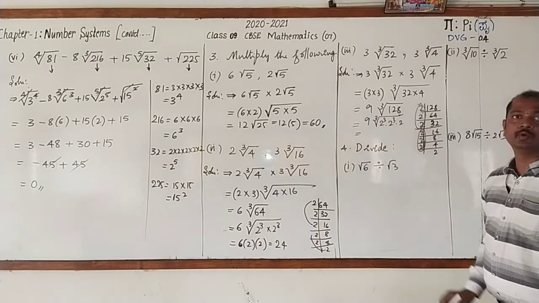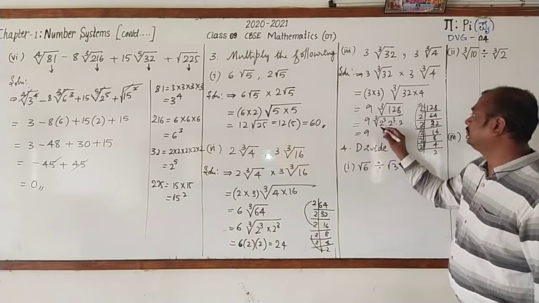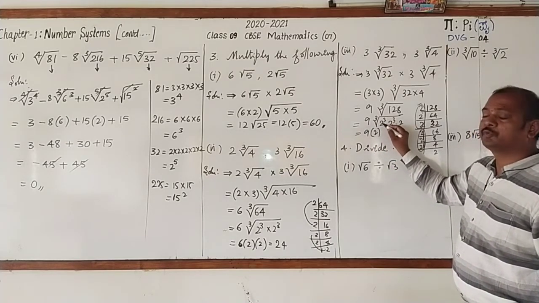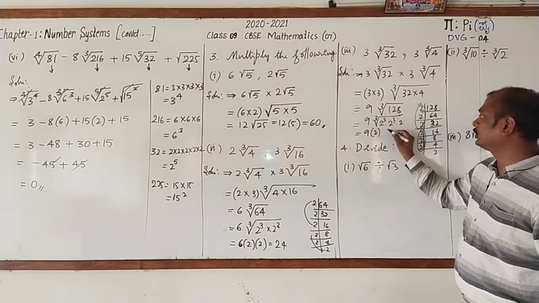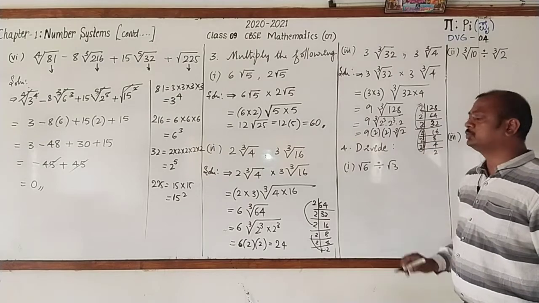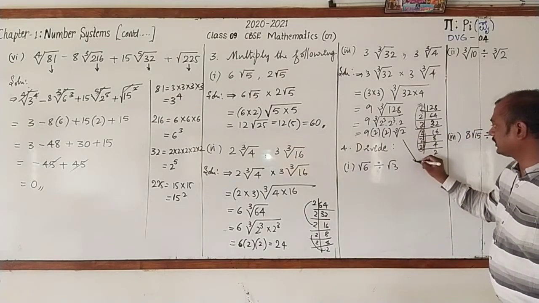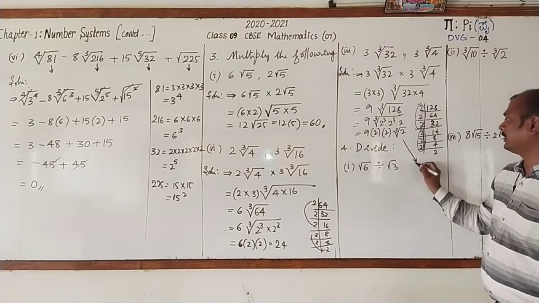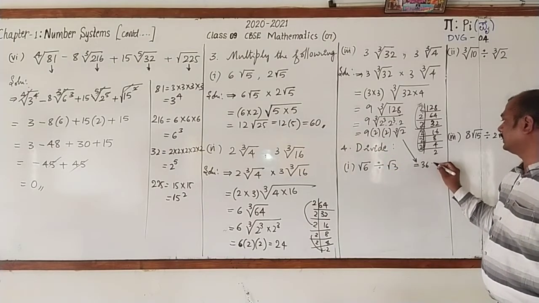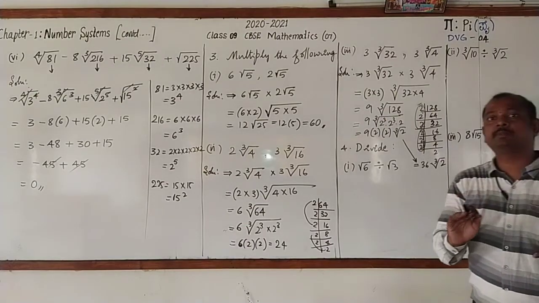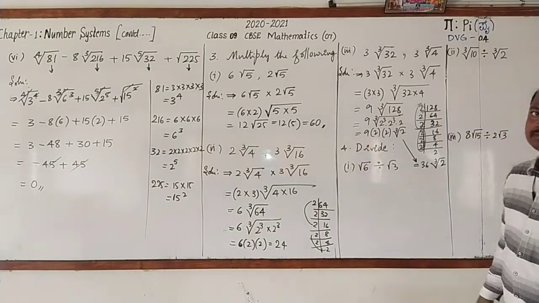It is equal to 9 into cube root of 2 cube is 2, again cube root of 2 cube is 2, and cube root of just 2 should be written as it is. Here I will write the final answer. 9 2s are 18, 18 2s are 36. 36 into cube root of 2. This is about the multiplication of radicals.